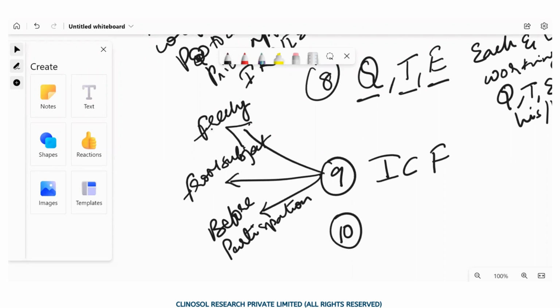So the next principle speaks about clinical trial data or clinical trial information.